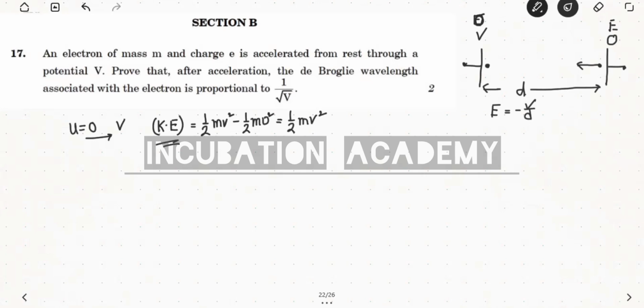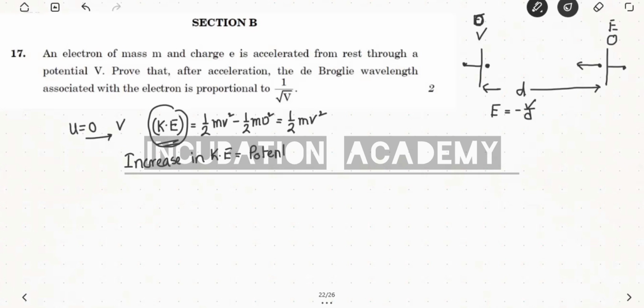From where does this increase in kinetic energy come? Since the electron is present within the electric field between the two plates at a potential difference, the increase in kinetic energy is due to the potential energy.